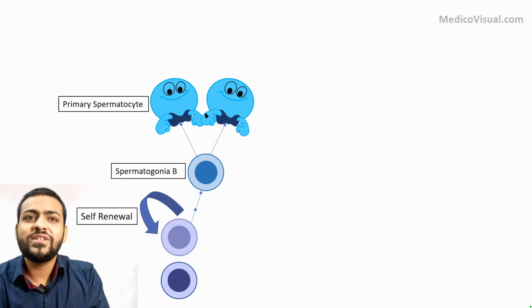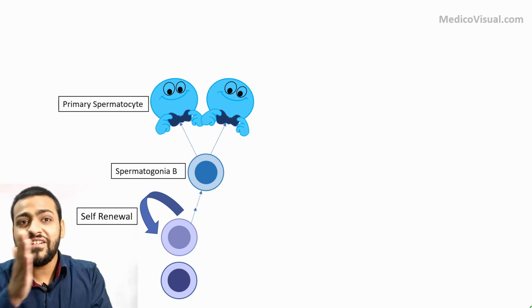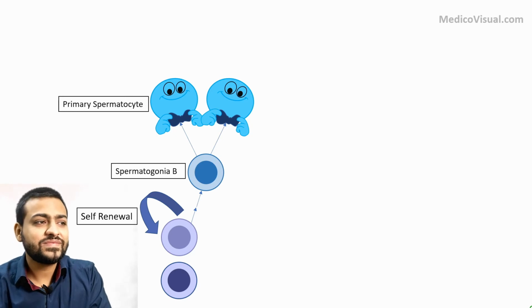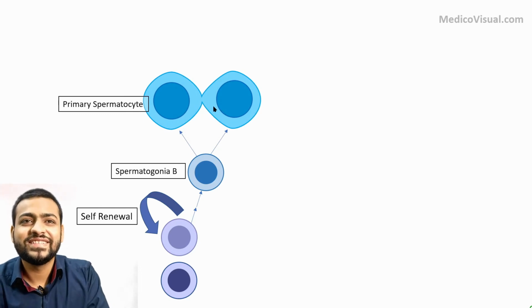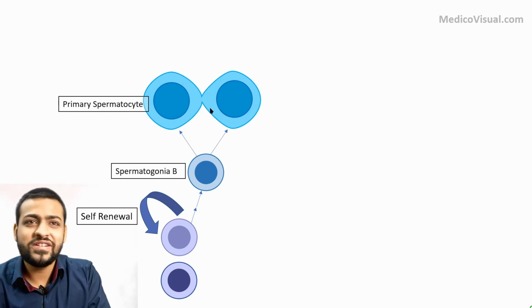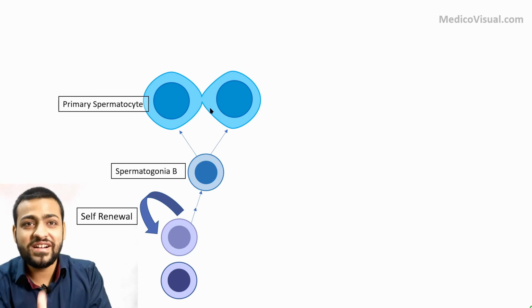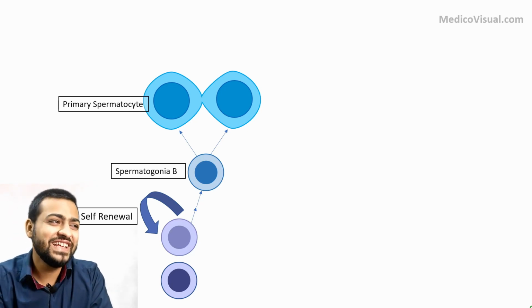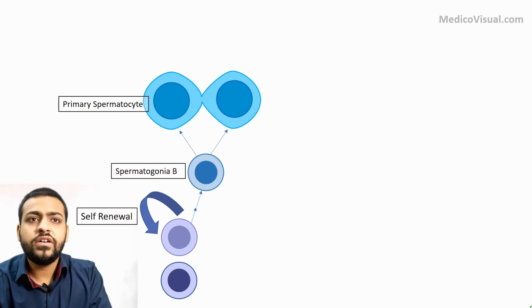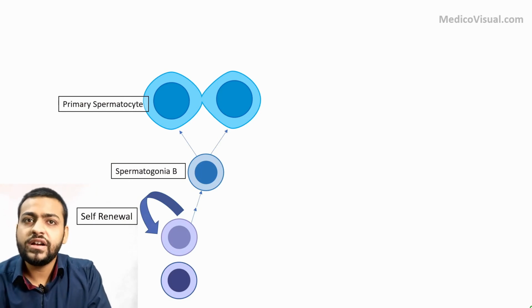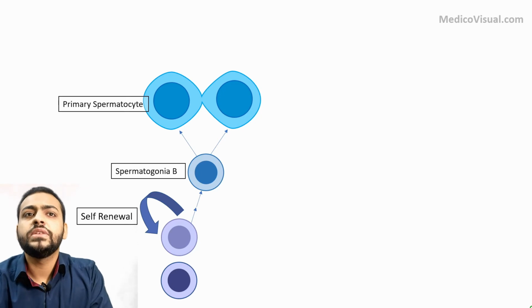And this primary spermatocyte, it is now ready for meiosis. It is not this cartoon, it is actually cell. So let's make it like cell. I hope you do not tell your teacher in Viva that it is that cartoon that undergo meiosis, right? So primary spermatocyte will be formed. And now this primary spermatocyte will undergo meiosis to form mature sperm.